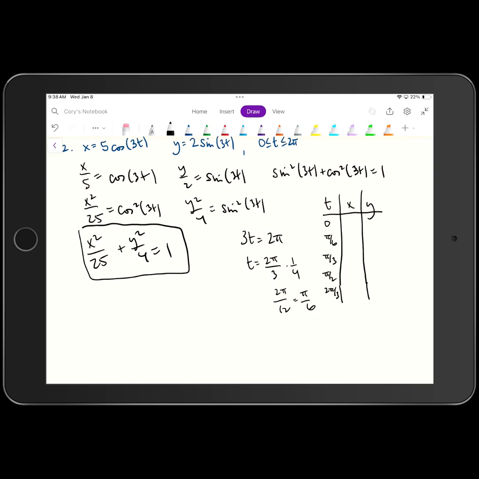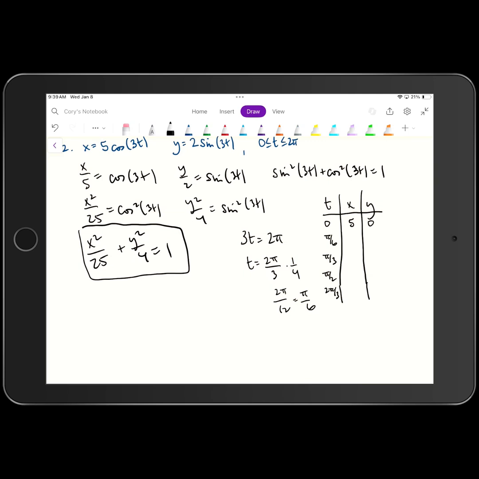Now when I evaluate the parametric equations at those t values, we want to find the corresponding x and y points on the graph of our curve. So when we plug 0 in the place of t into both of our parametric equations, the x coordinate at that t value is 5, the y coordinate is 0.